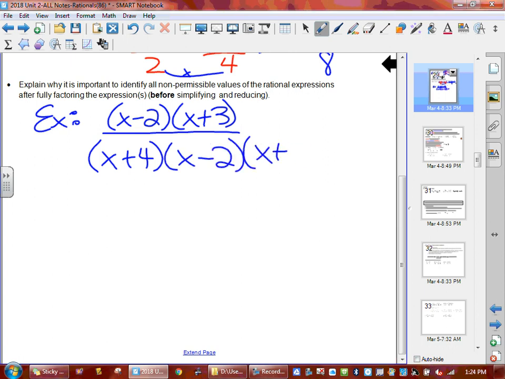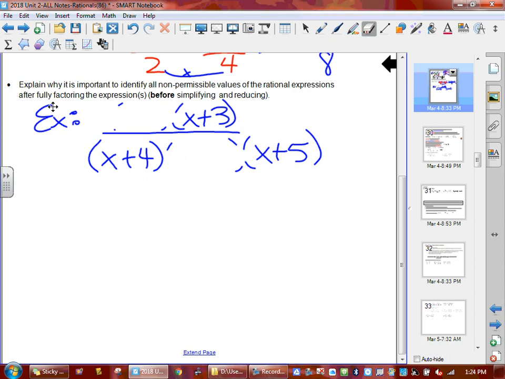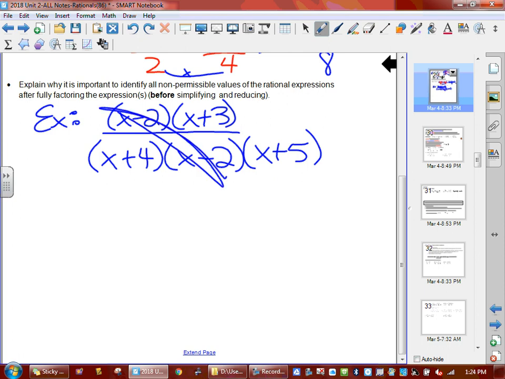Now, if I don't do my non-permissibles at this step, I would end up wiping off my x minus 2's. They'd be gone. And I would be missing one of my non-permissible values. So that's why we always have to make sure that we do non-permissibles right after we factor. Because right after we factor, we have our non-permissibles, then we can wipe things off because we know we've already dealt with it. So, what makes this one 0?